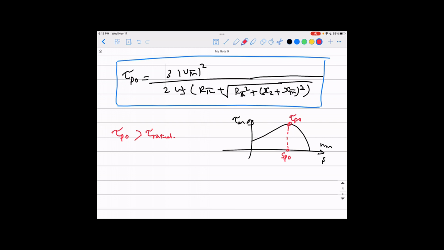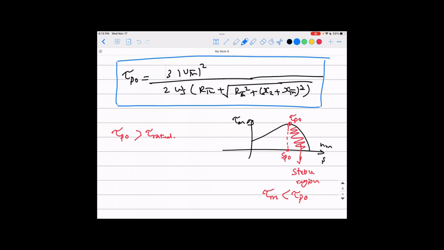Okay, and that's why I'm saying here is your stable region, where the actual motor torque is less than the pull-out torque, and that's where you need to keep it.